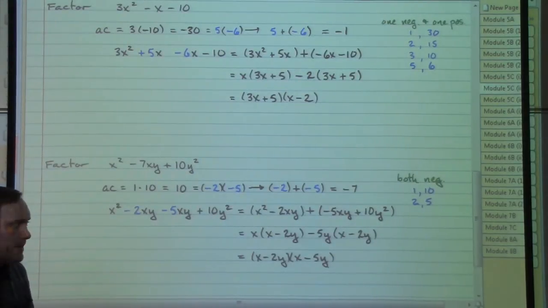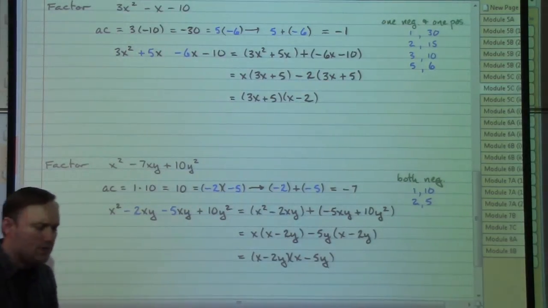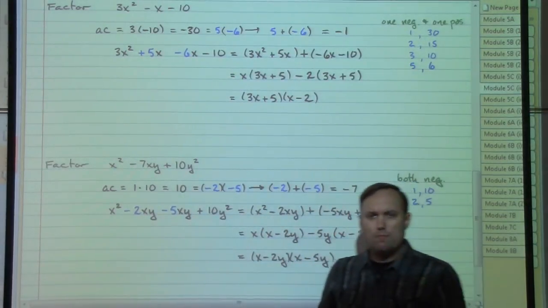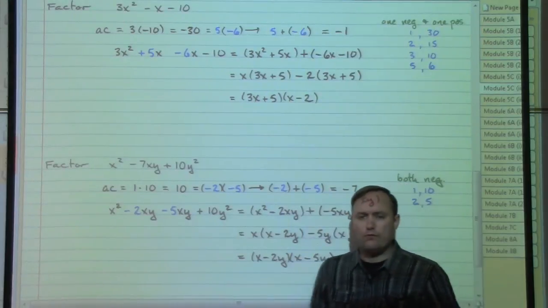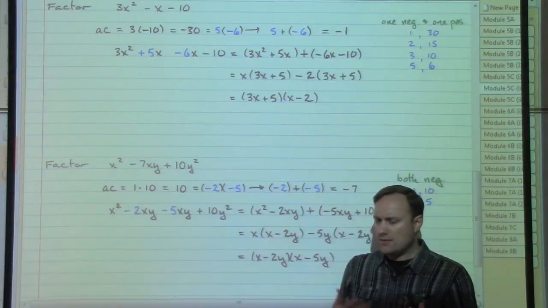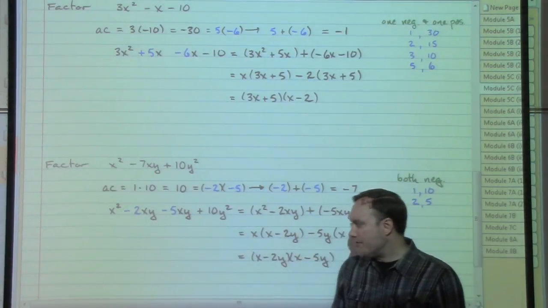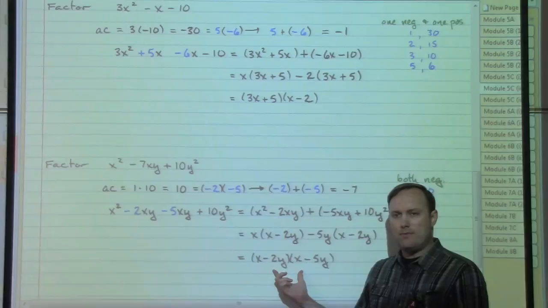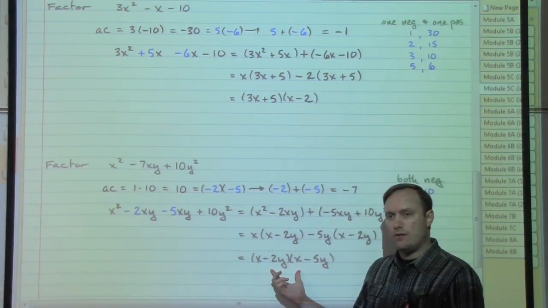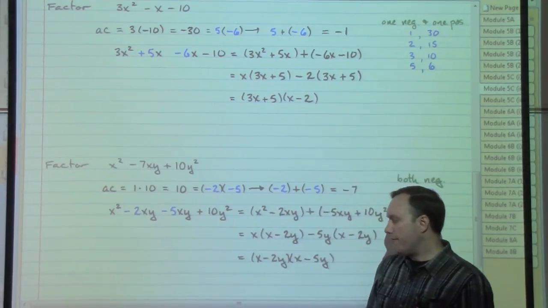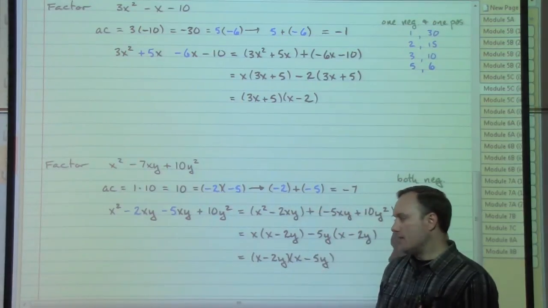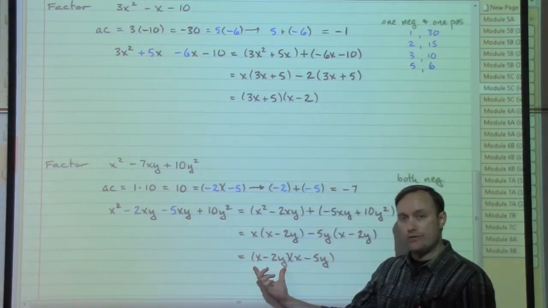Now, one final comment to make, now that we've seen a lot more examples of the grouping, when we work through our grouping method and also when we work through our AC method, though in all of our examples we've done things in exactly the same sort of fashion, you might be wondering if it's allowed that you switch these so that the first part of your answer is the x minus 5y and the second part of your answer is the x minus 2y.